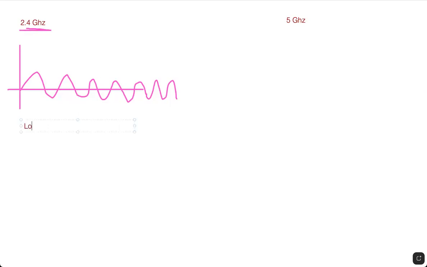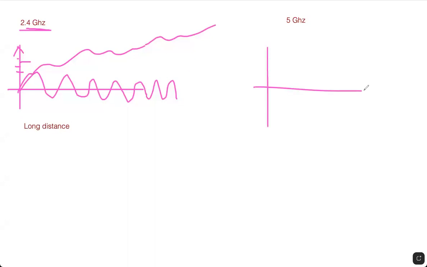Like if this is your antenna, and it is generating the signal like this, it can go longer. Whereas the 5 GHz can do only a shorter distance.